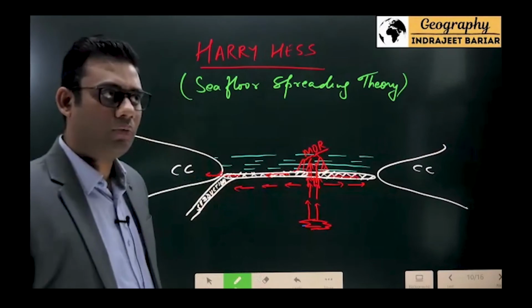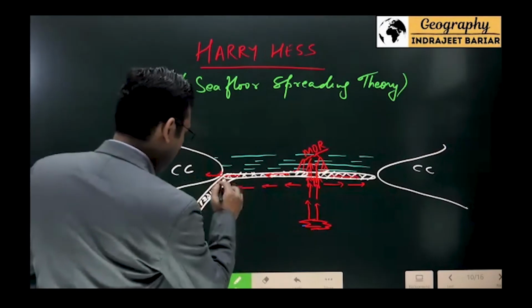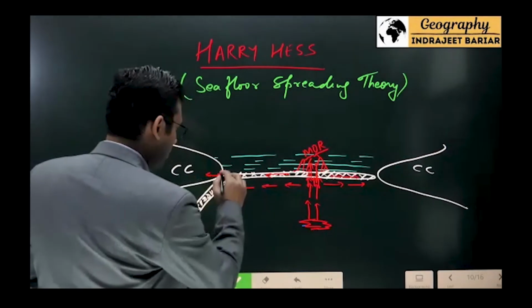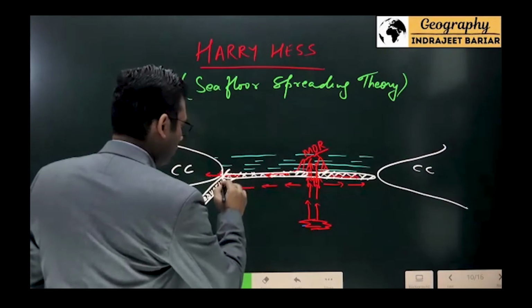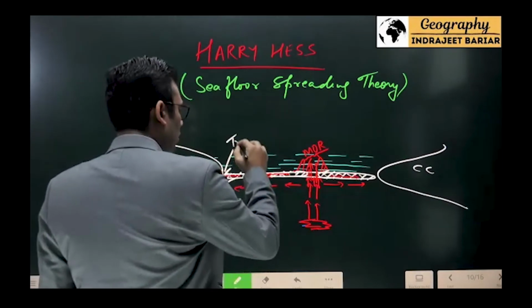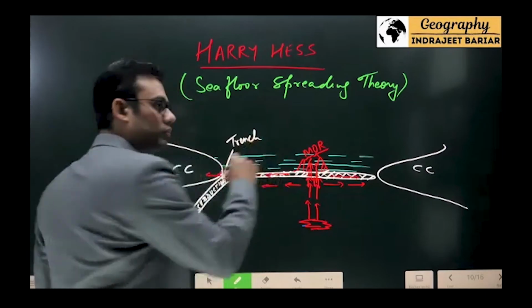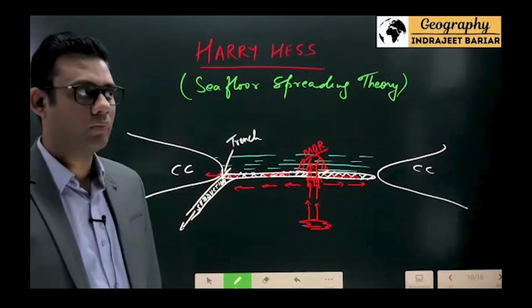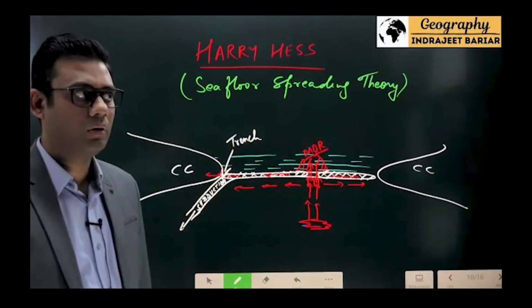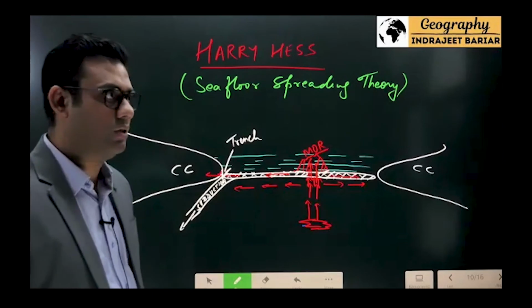Now, the result of subduction is that because it is pulled downwards, a depression forms here, and this depression is called a trench.